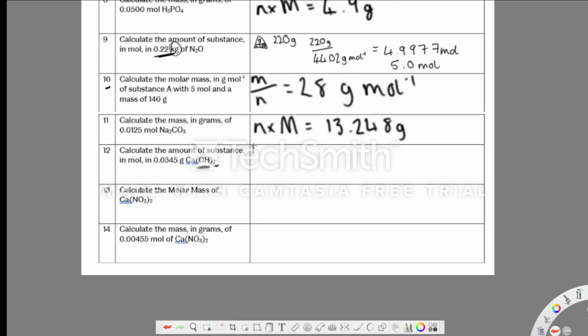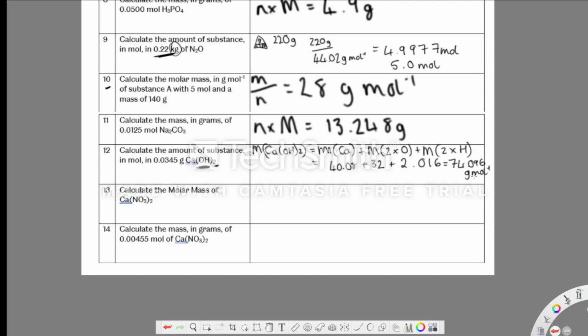So for question 12, what we've actually got is the molar mass of Ca(OH)2 equals the molar mass of Ca plus molar mass of 2 times oxygen plus molar mass of 2 times hydrogen, which equals 40.08 plus 32 plus 2.016, which equals 74.096 grams per mole.